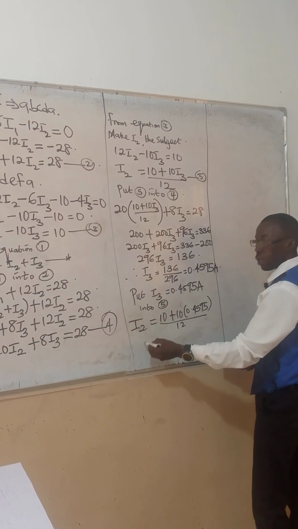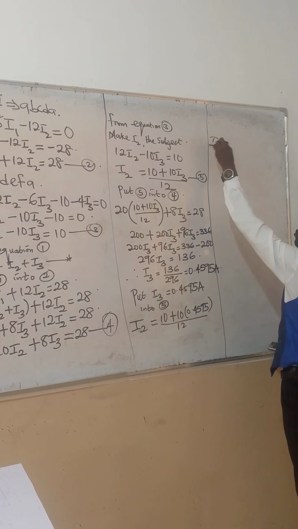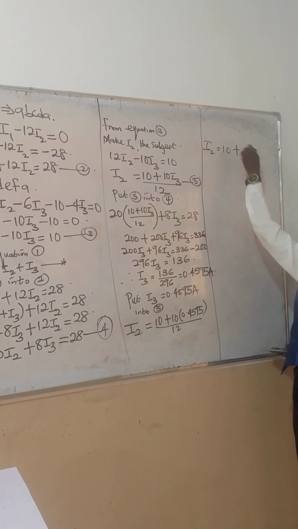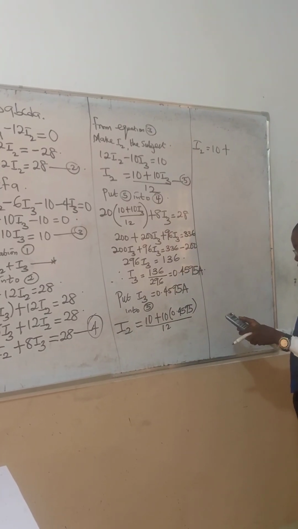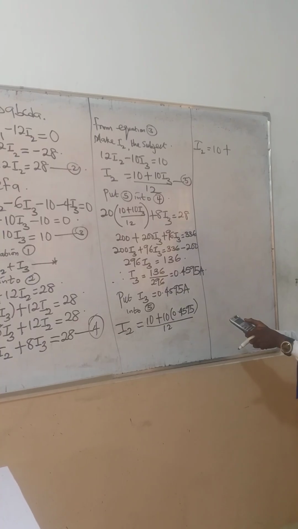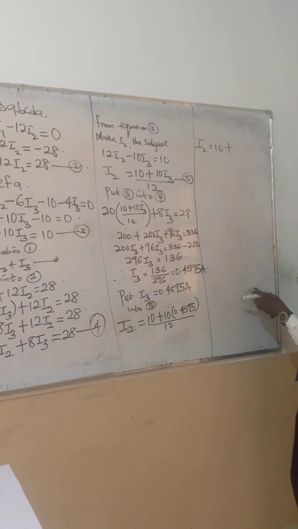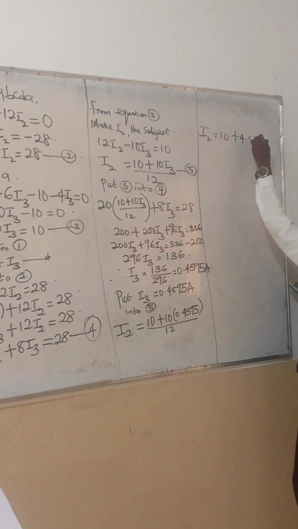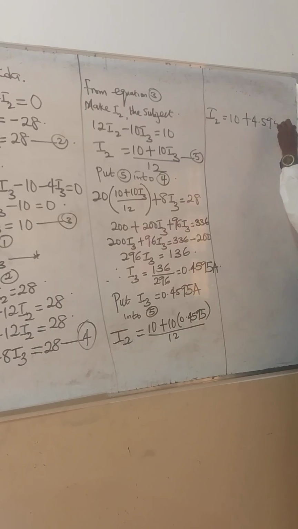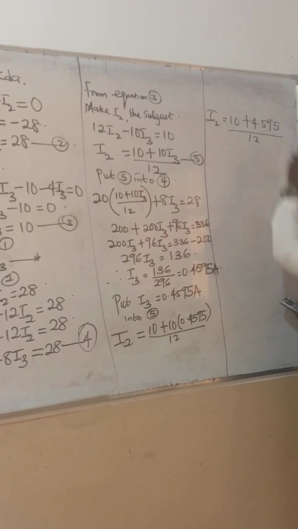That will give 4.595 plus 10, all over 12.